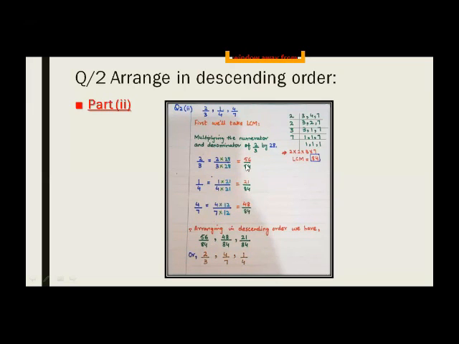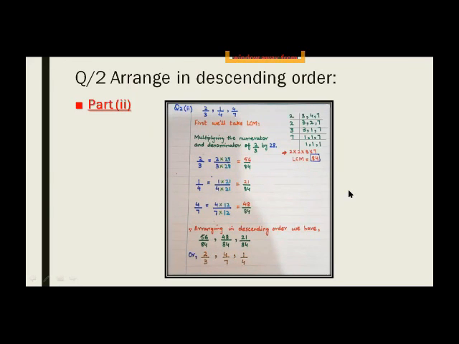Earlier the denominators were different; by equivalent fractions we have made the denominators the same. Now just arrange it: 56, 48, 21. 56 is greater than 48 and 48 is greater than 21. Now write the original fractions. 56 upon 84 means 2 upon 3. 48 upon 84 means 4 upon 7, and 21 upon 84 means 1 upon 4.